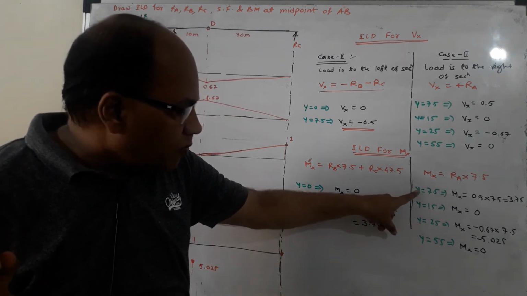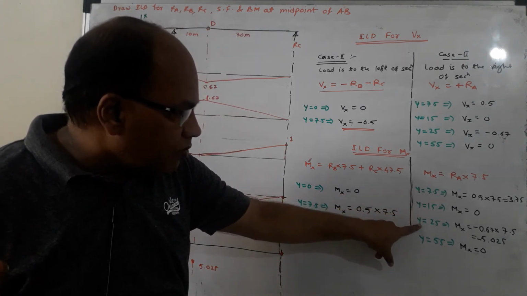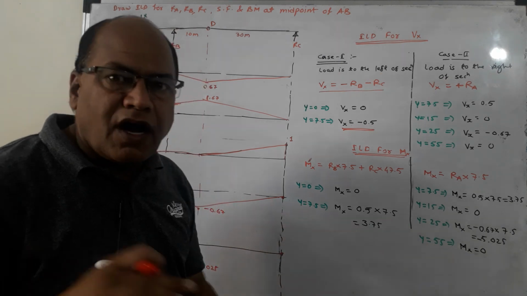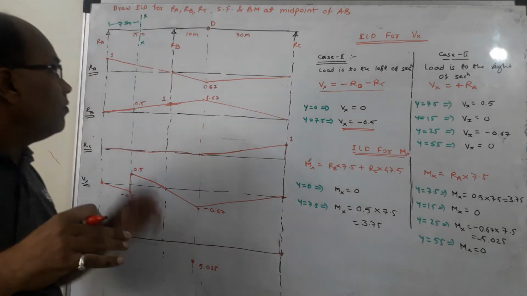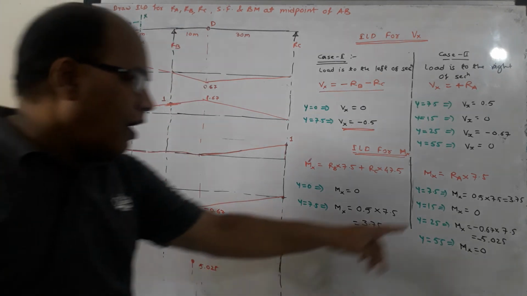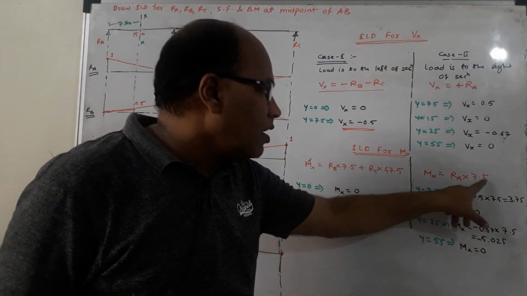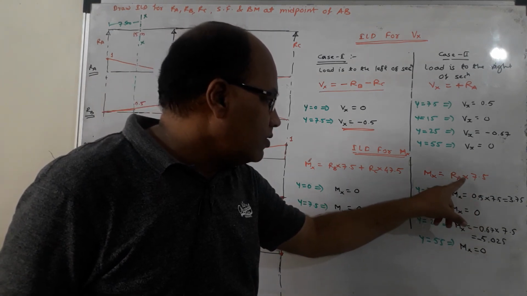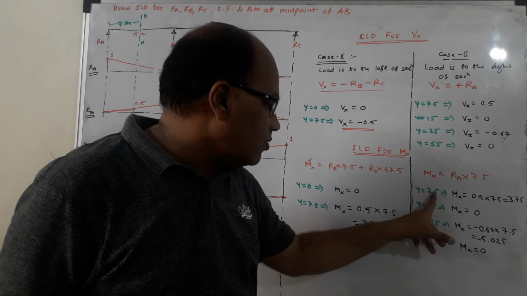y is equal to 7.5, y is equal to 15, y is equal to 25, y is equal to 55 are the values for y when the load is in the right part, and Mx will be equal to Ra into 7.5. So we will have to check what is Ra when y is equal to 7.5.